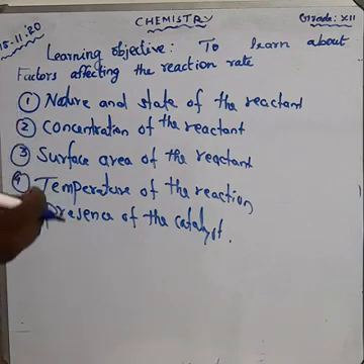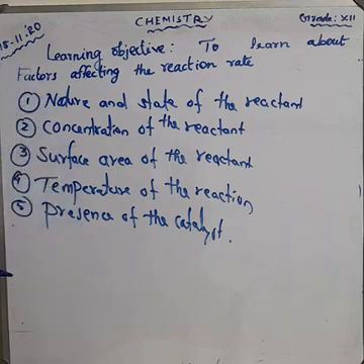However, the net energy involved in this process depends on the nature of the reactant. So we can say the rates are different for different reactants. Hence the reaction rates are different for different reactions.